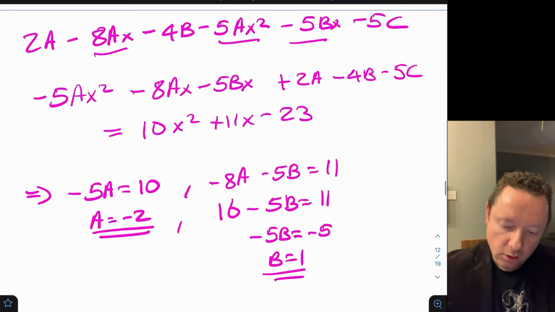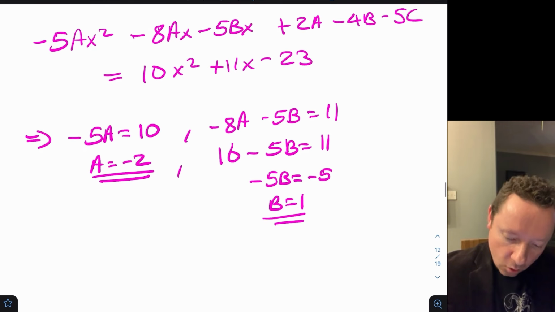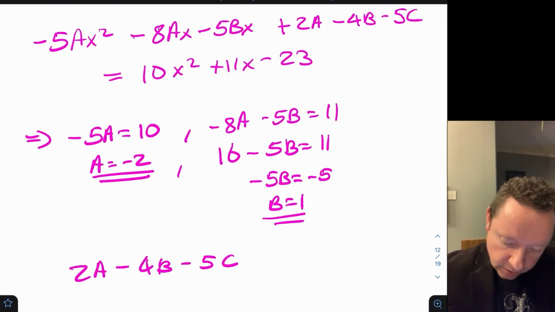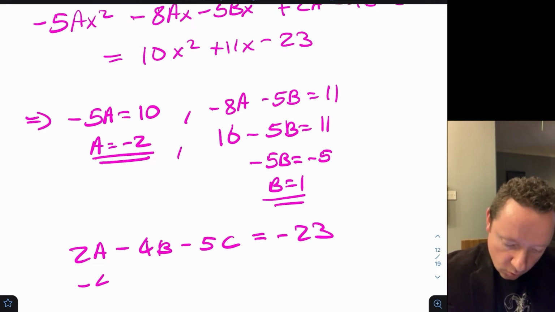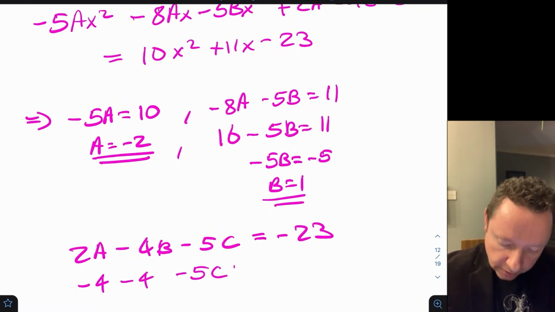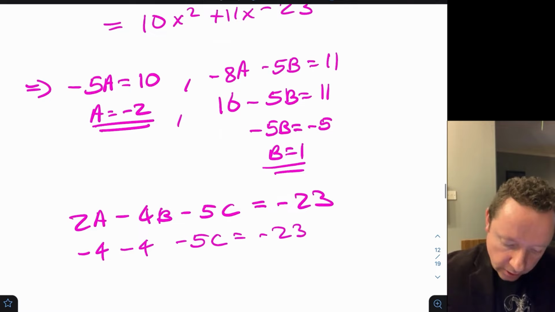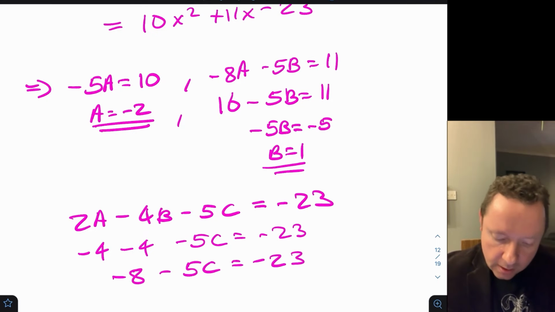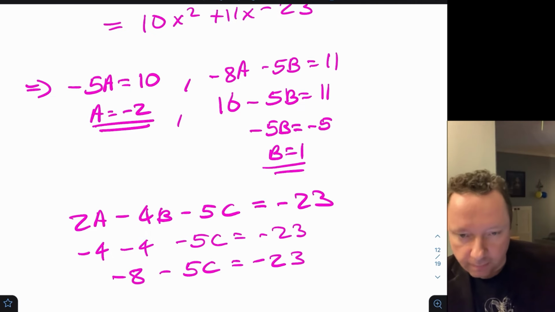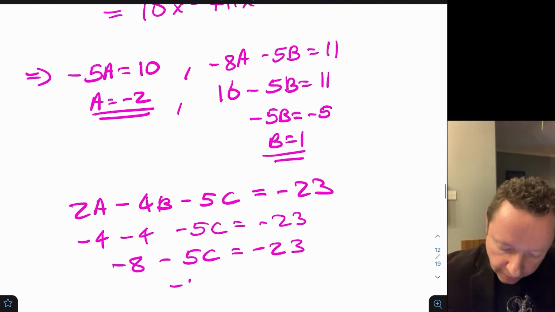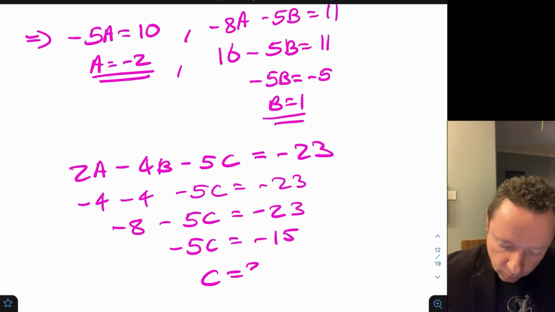Now looking at our constant terms, we have got 2a minus 4b minus 5c is equal to minus 23. 2a is minus 4, 4b is also minus 4, minus 5c is minus 23. So you get minus 8 minus 5c is minus 23. Minus 23 plus 8 is minus 15, so minus 5c equals minus 15, and therefore c is equal to 3.